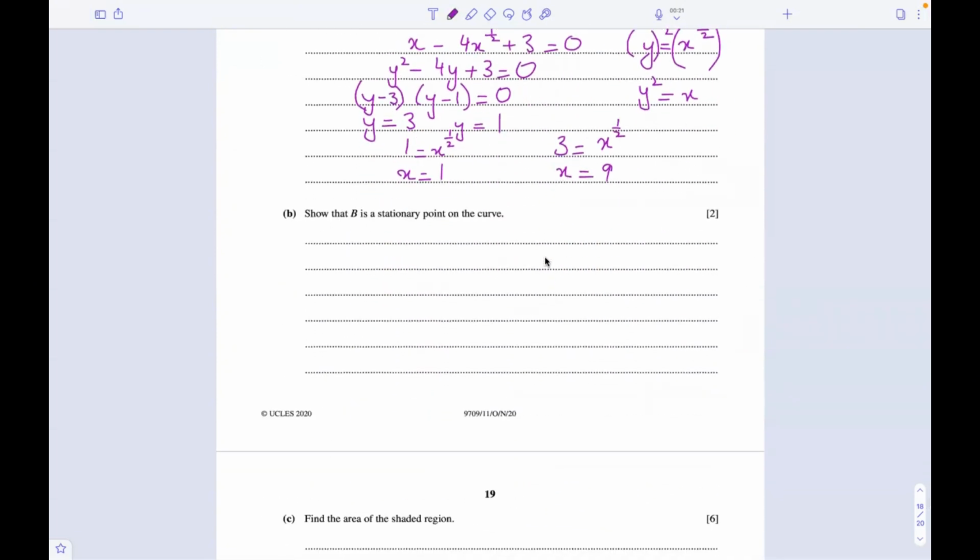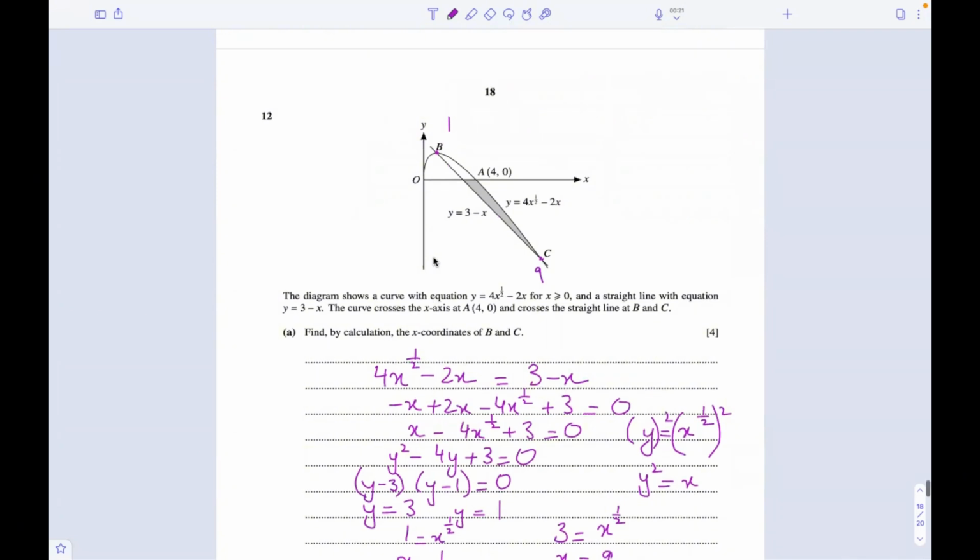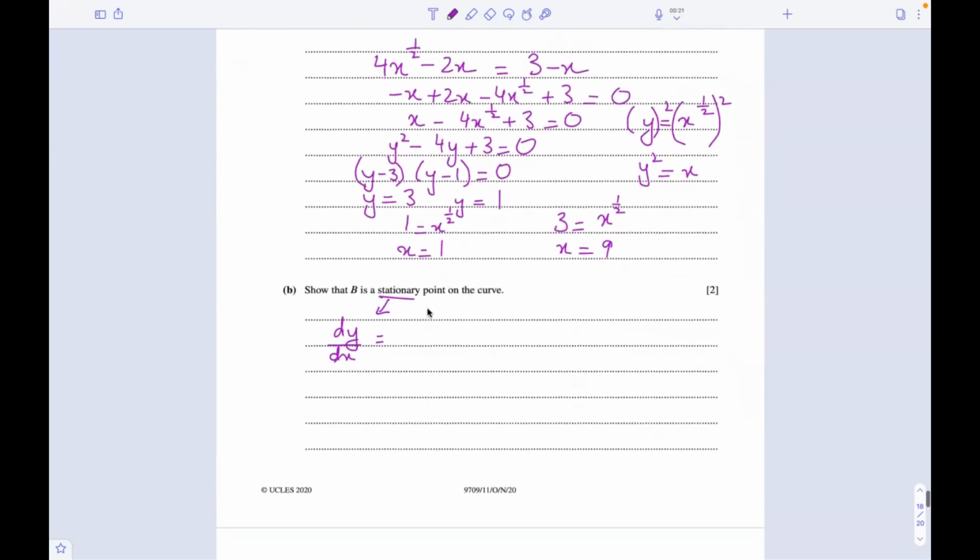Now, in part B, we have to show that B is a stationary point on the curve. For a stationary point, dy by dx must equal 0. So differentiating the equation of the curve, 4x to the power 1/2 minus 2x, we'll get half times 4, which becomes 2x to the power minus 1/2, minus 2.